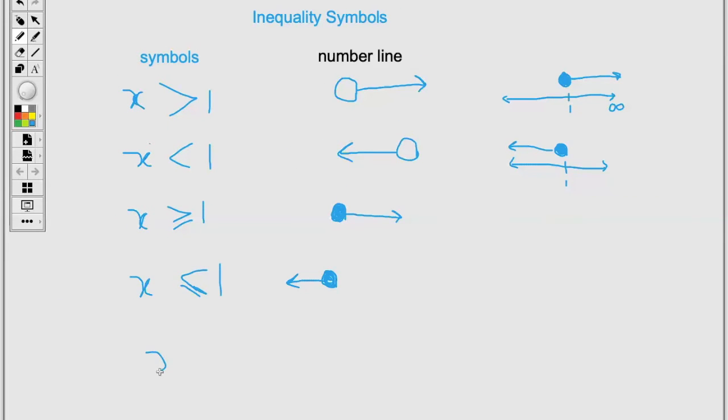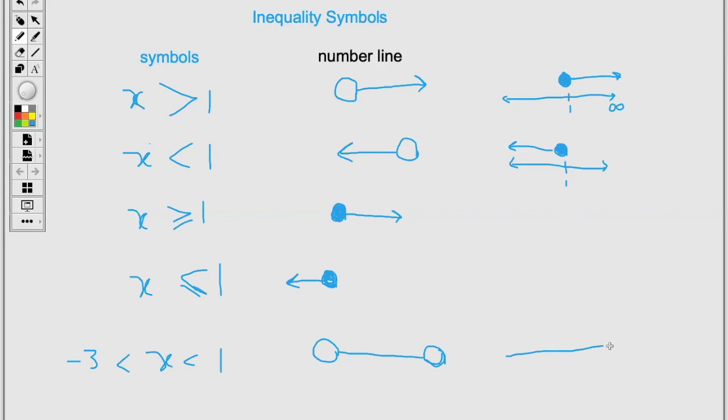Now we have a case where x lies between a range. So this is saying x is greater than -3 but less than 1, or some persons will say x is less than 1 but greater than -3. This is how we'll represent this on the number line. Because both values, -3 and +1, are strictly greater than and less than, I will have two open circles connected by a line.